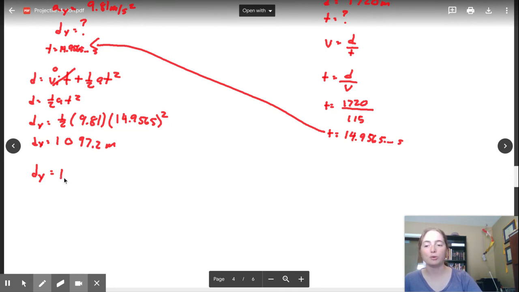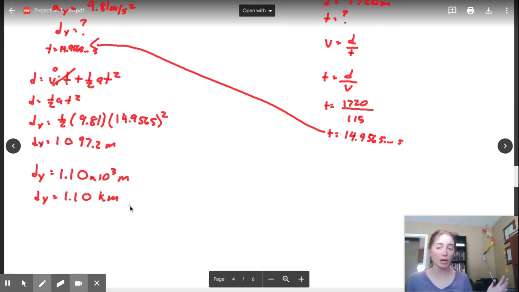So 1.10 times 10 to the power of 3. 1, 2, 3 meters. Or if you want, you can convert it back to kilometers and go 1.10 kilometers. I'm okay with either. They both mean the same thing.